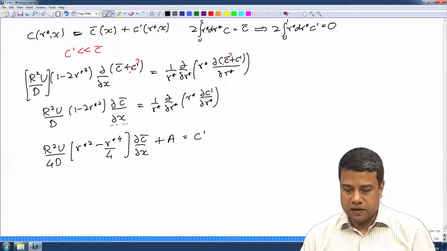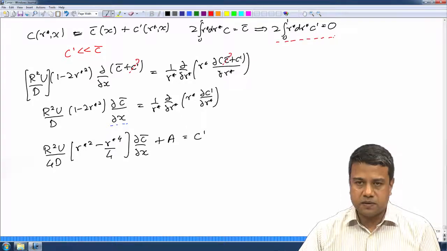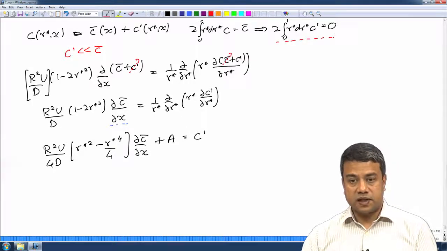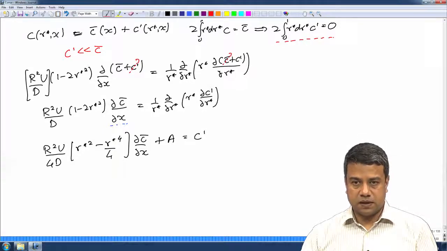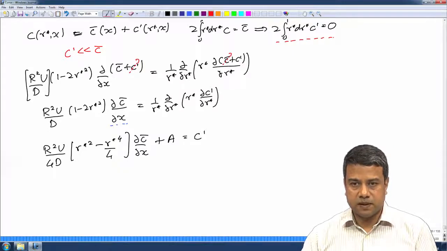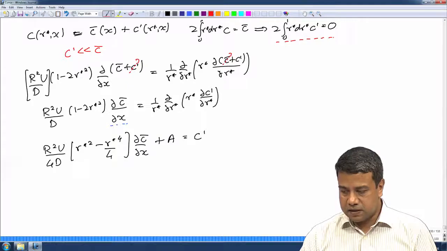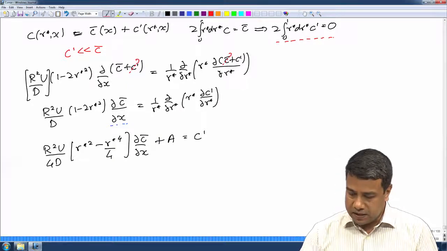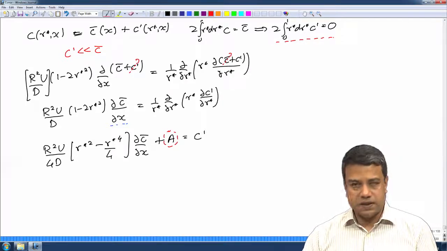That constant of integration can be determined from the condition that the average of c prime has to be equal to 0, because the average of the total concentration is already c bar. So if I apply the condition that the average of c prime is equal to 0, I can determine this unknown constant. It is quite an easy exercise.